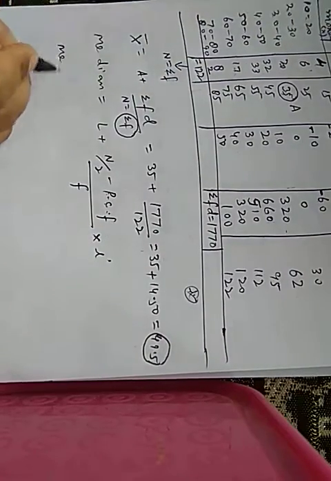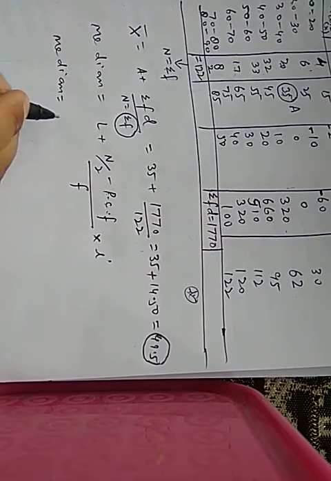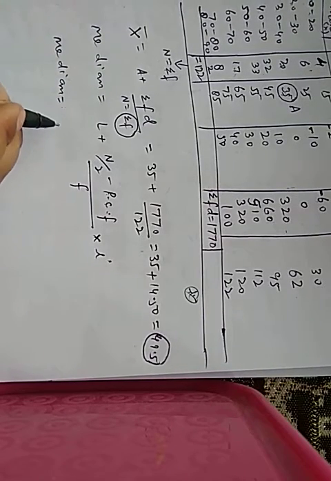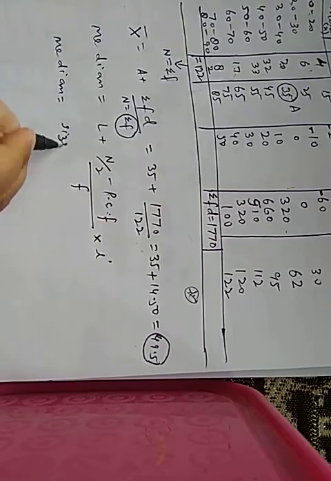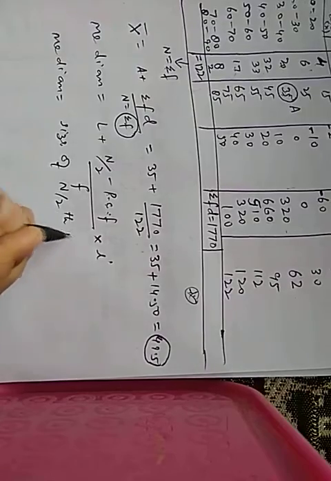Median will be equal to, first we have to find the size of the n divided by 2th item.